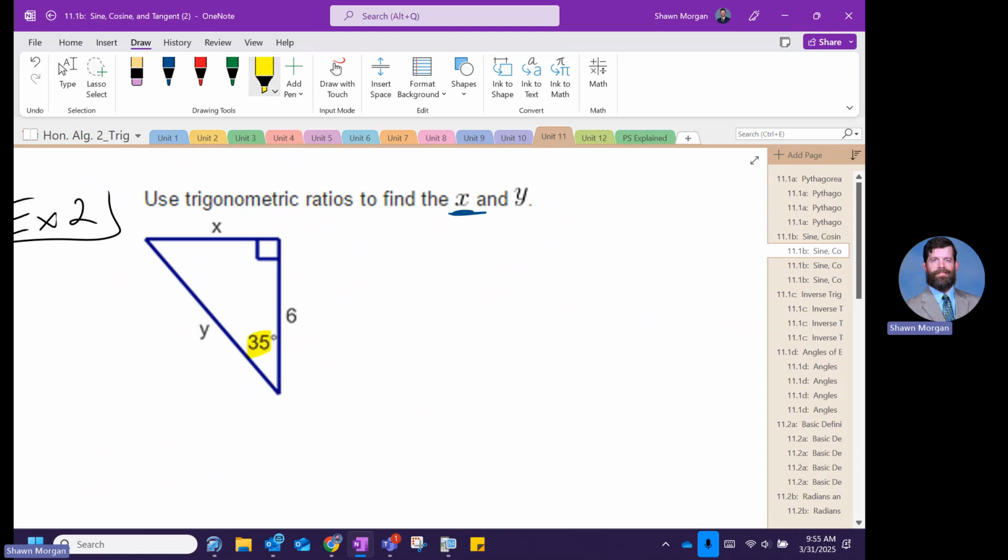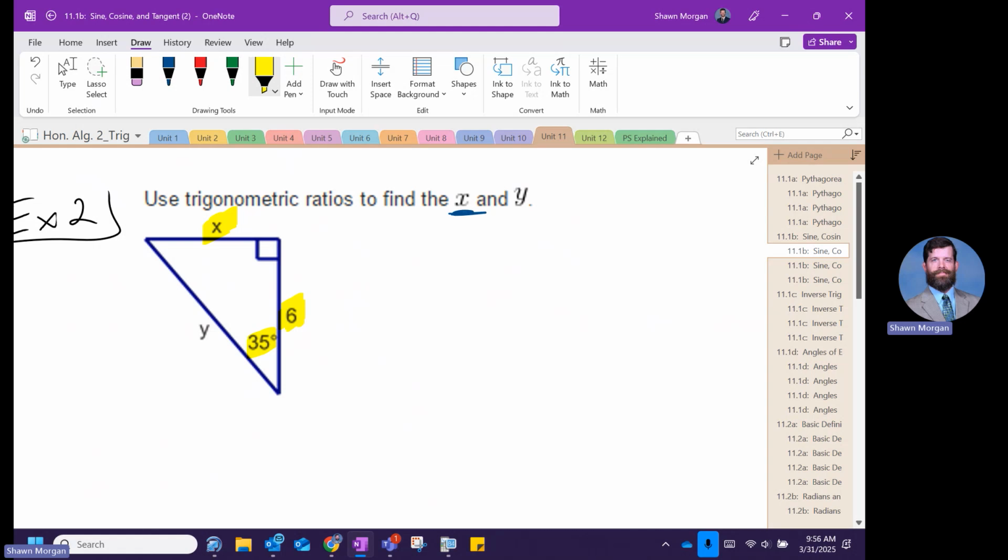I have this angle, and I have x to find, and I know 6. Kenneth, which trig ratio do you reckon relates 35 and x and 6? Well, what is x in relation to 35?